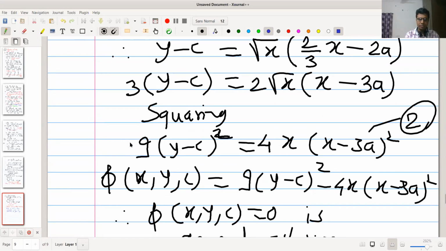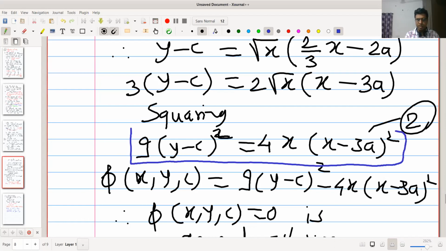For example, a equal to 1 is simple. Okay, and we can sketch these curves. Okay, so I will use Mathematica software and sketch this.